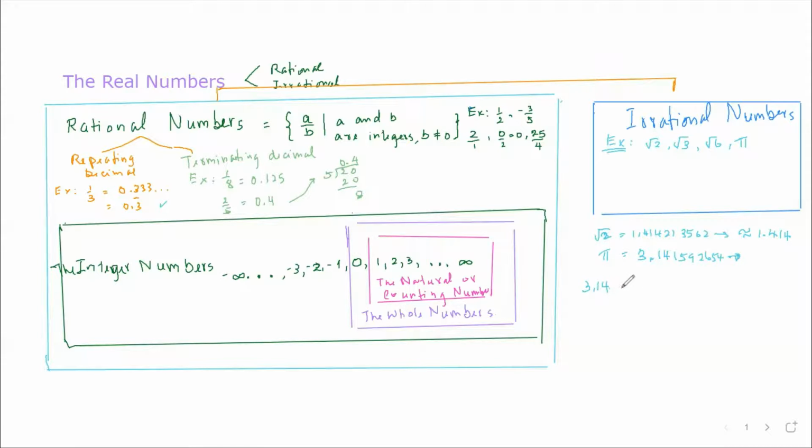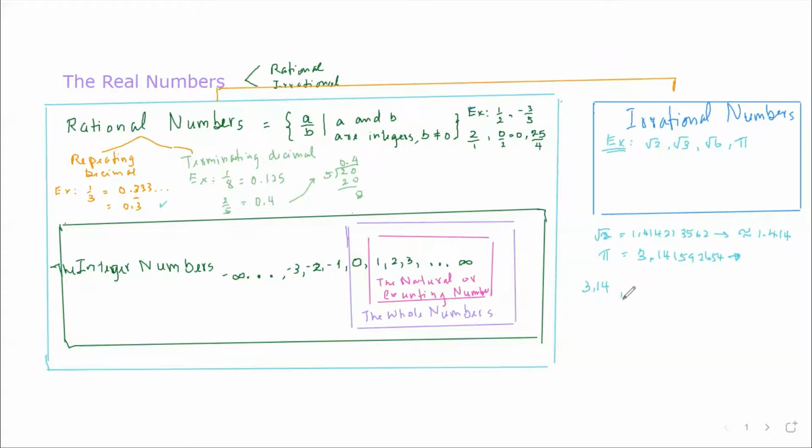If the question is like this one, this number represents a rational number. But if it's pi, then it represents an irrational number, because it will keep going to infinite digits in the decimal places.